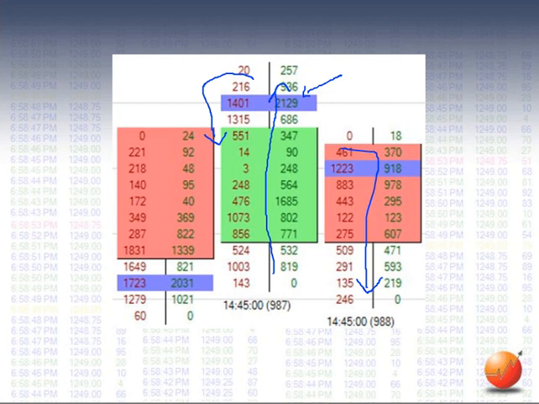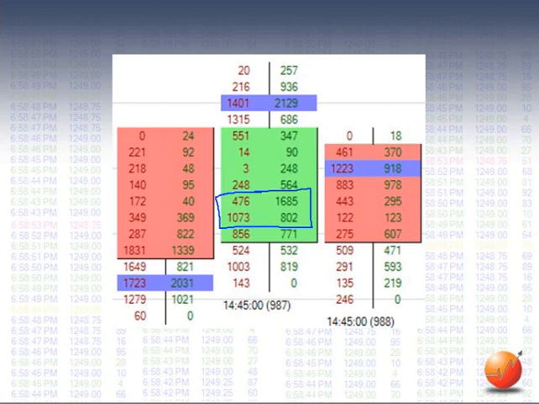Okay, well, yeah, if you're going to ask me if at one point was this buyers initiating trade, the answer is yes. At one point this was certainly the high volume level, and they accelerated through it. Correct? But what happened? The condition changed.